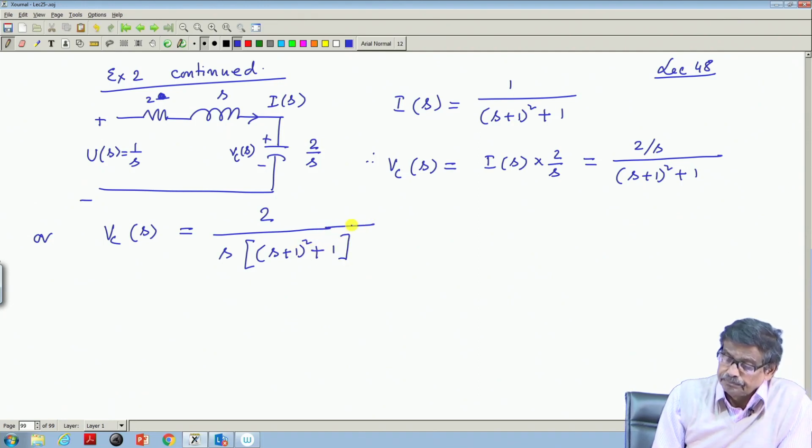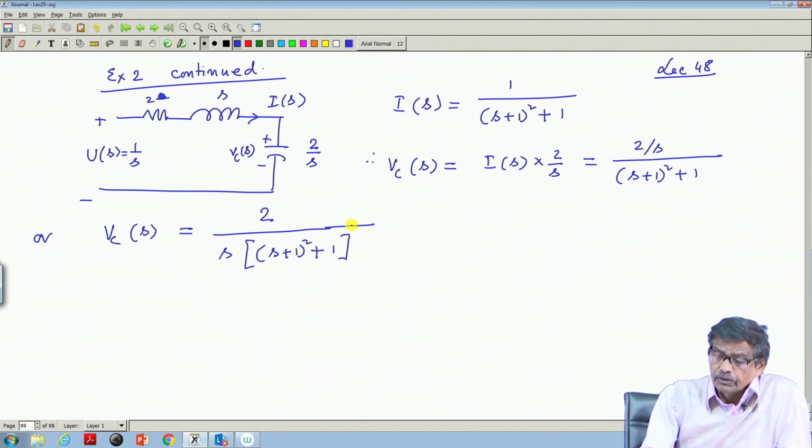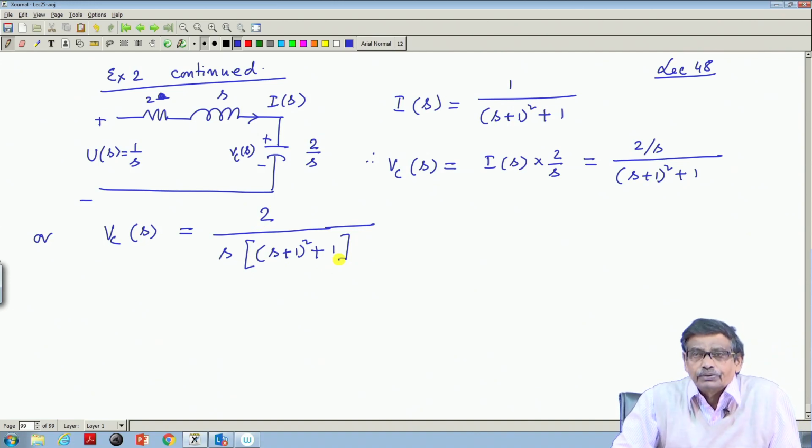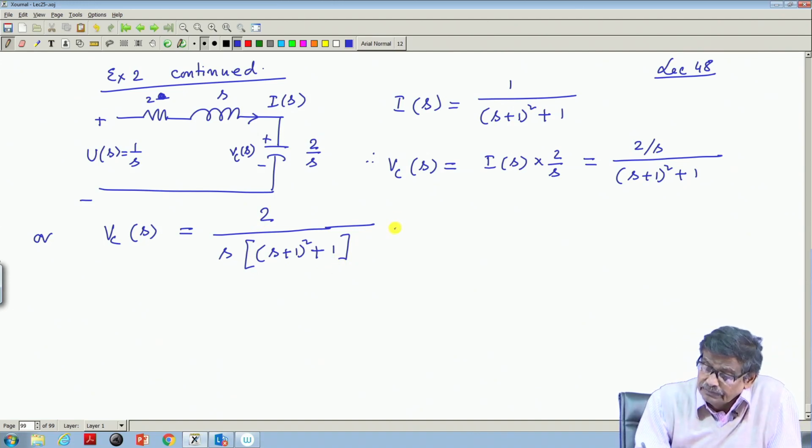Now, here of course, I cannot directly find the inverse. Earlier for the current it was very simple, it was in standard form, this s was not there, but here you have to do partial fraction. How to do it?